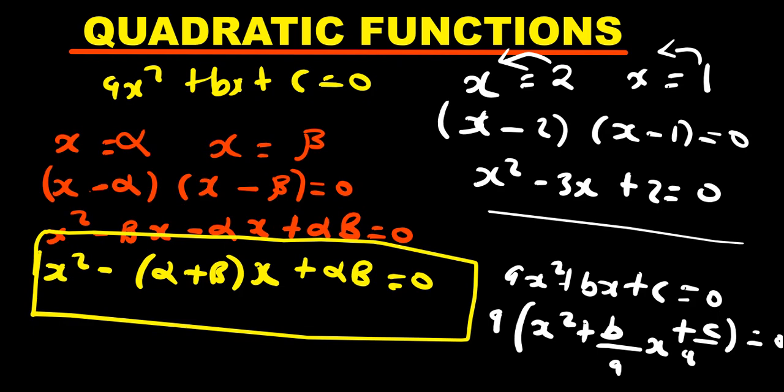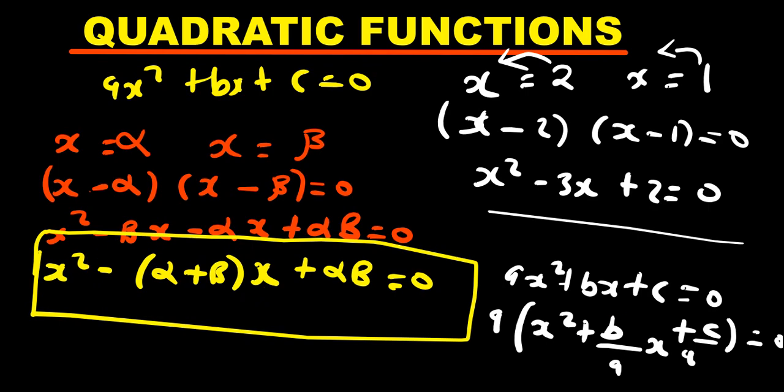Now you are able to see that this expression and this expression are in no way different. Because of that, your negative (alpha plus beta) has an x, and even this one, b over a, has an x. So you're going to equate the two.